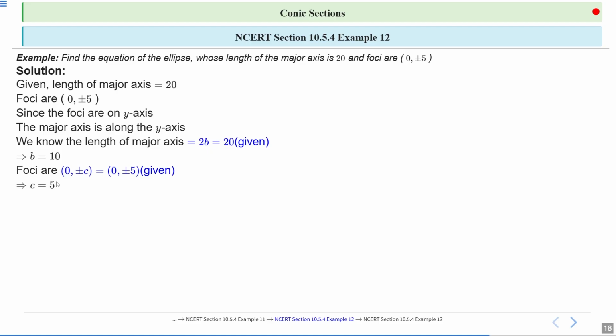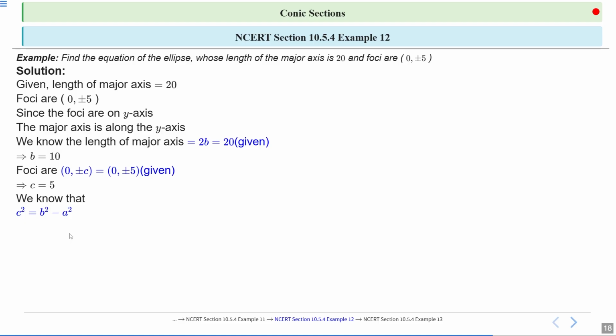So c is equal to 5, and we know this relation: c square is equal to b square minus a square. Okay, this relation is for a vertical ellipse. That means when we have the standard form of an ellipse, x square upon a square plus y square upon b square equal to 1, and a is less than b, in that case the relation of c, a and b is c square equal to b square minus a square.